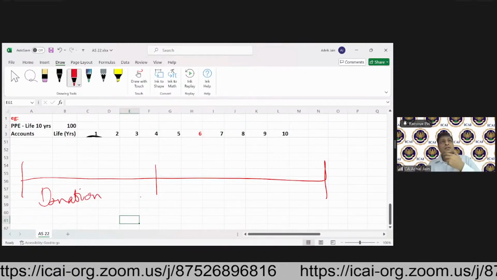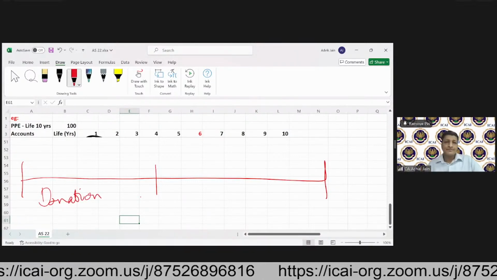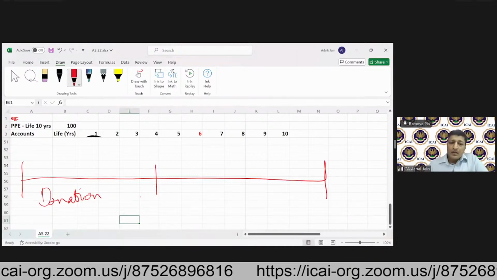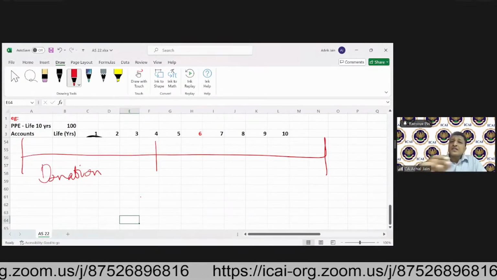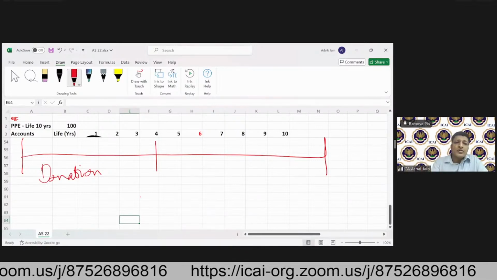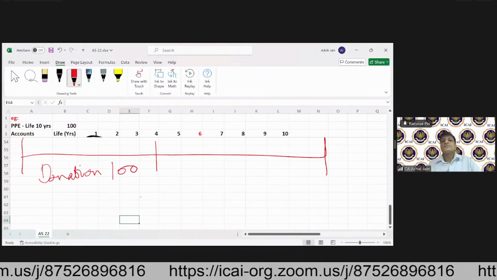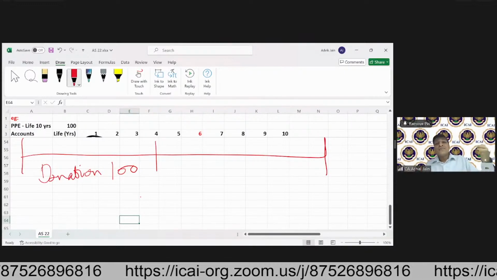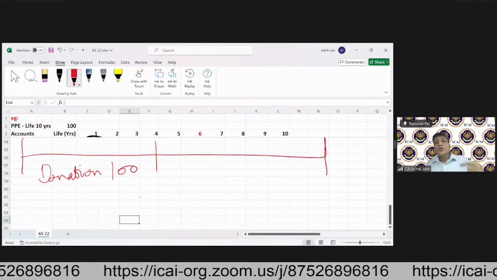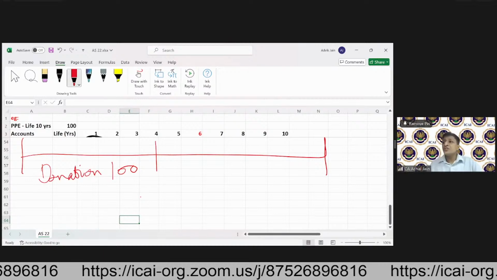Now if the company has paid a donation, this would be considered as an expense in the books of accounts. Let's suppose this is 100. But will the income tax allow this entire amount of donation?